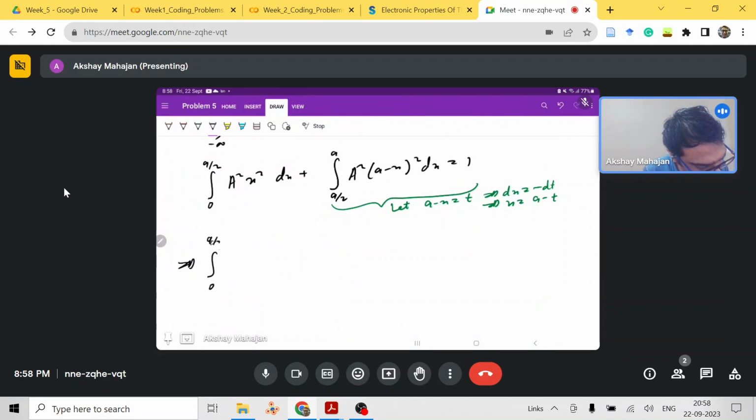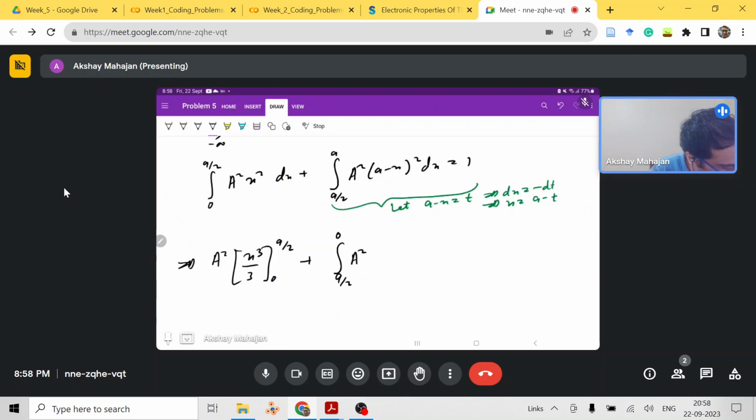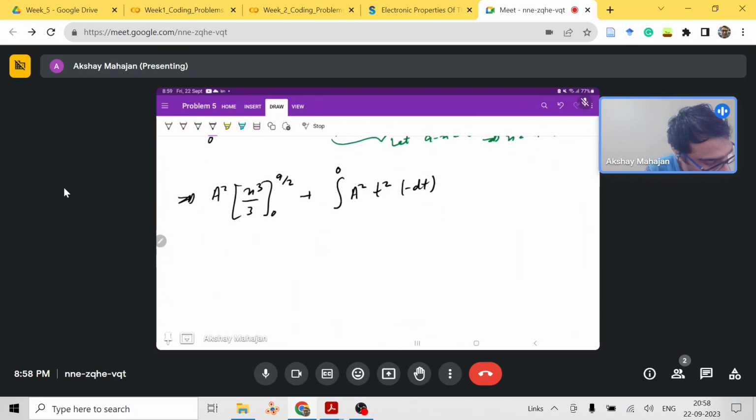From the first integral I will get a square times x cubed by 3 from 0 to a by 2, and for the second integral using this definition, x equals a by 2 gives t equals a by 2, and x equals a gives t equals 0. So the integration will be from a by 2 to 0, with a square times t square, and dx will be equal to minus of dt. Since there is a minus of dt, I can just change the limits of integral and write it as dt.